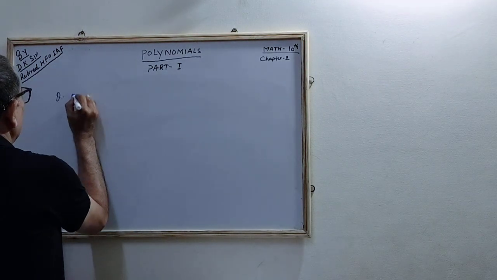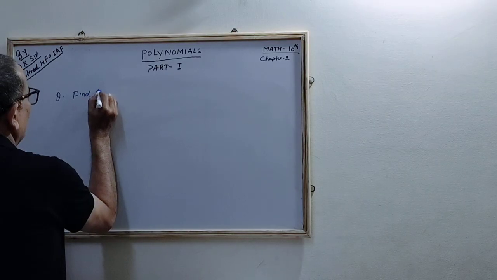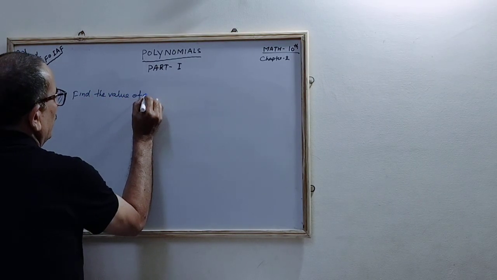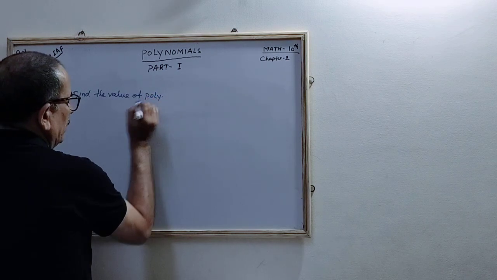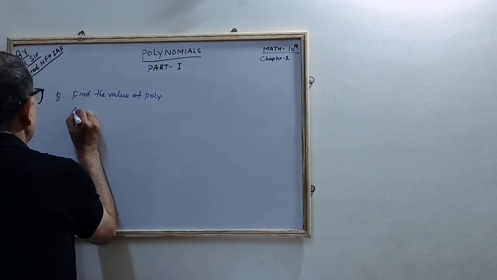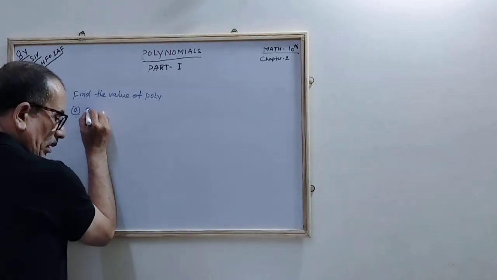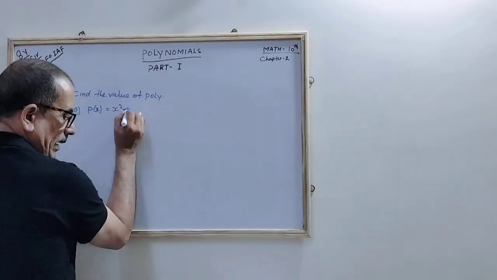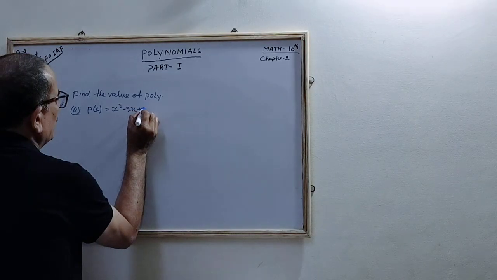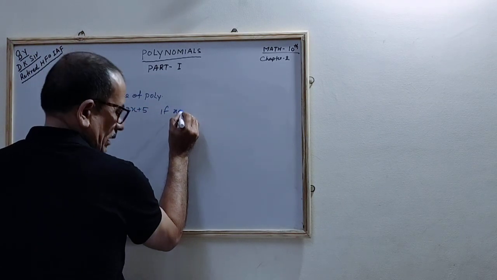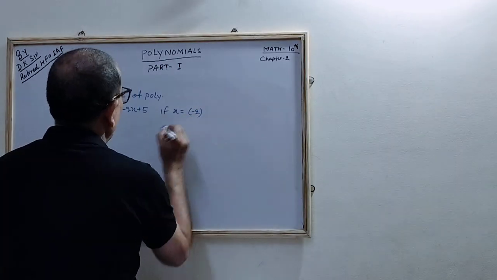The question they have given says the polynomial p(x) is equal to x square minus 2x plus 5. If x is equal to minus 2, what will you write?